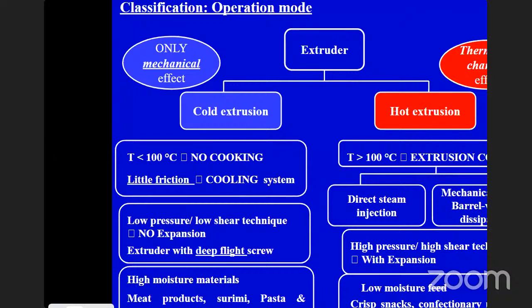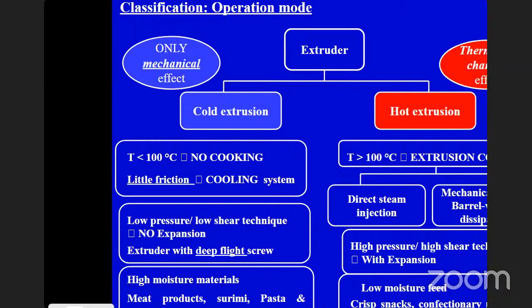So the machine is often equipped with a cooling system to reduce the heat generated from friction and also to avoid the expansion of food material, along with an extruder configuration which contains a deep flight screw. So cold extrusion is a low shear, low pressure technique with only mechanical effect applied to the food material.